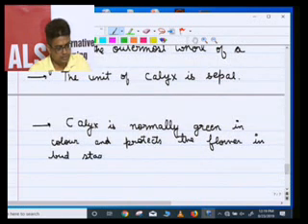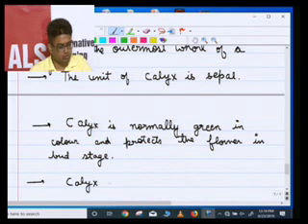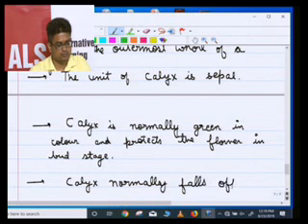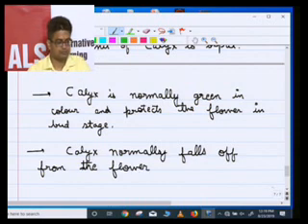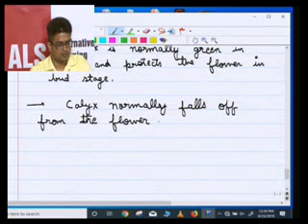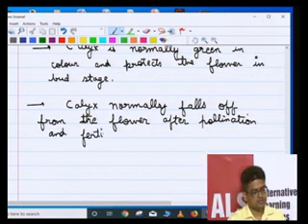Calyx normally falls off from the flower after pollination and fertilization, so it's deciduous.